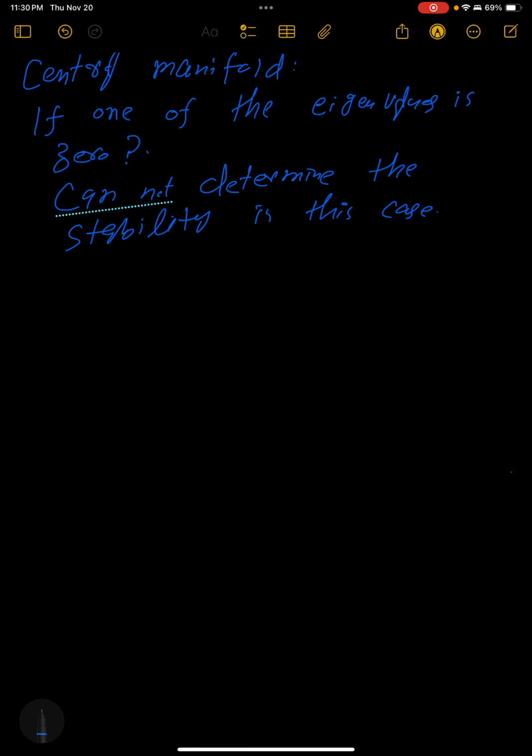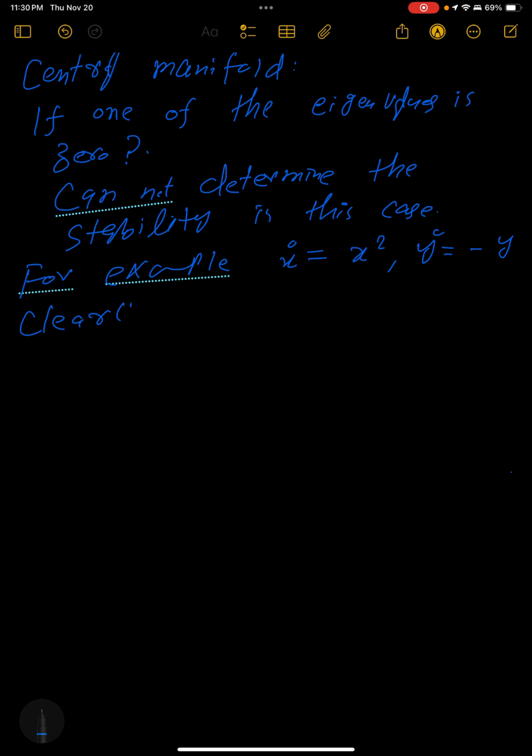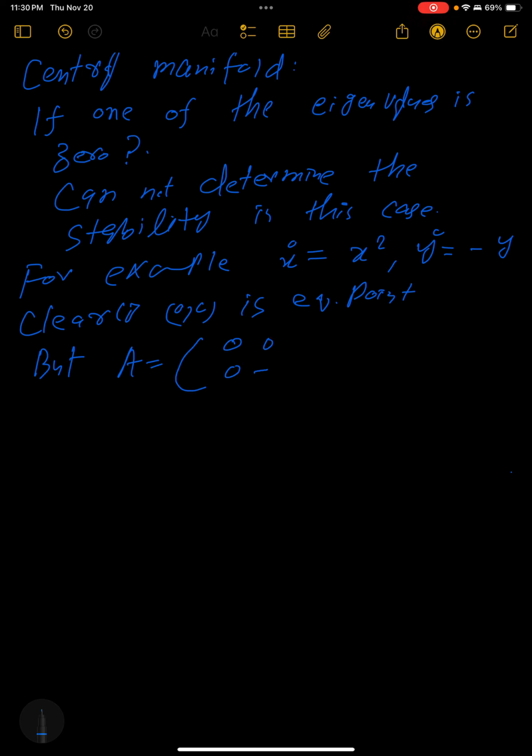Okay, so for example, if we have x dot is actually x square, y dot is actually minus y, so clearly 0 0 is an equilibrium point, but A is actually [0 0; 0 -1], so lambda naught is actually 0 and lambda is minus 1.